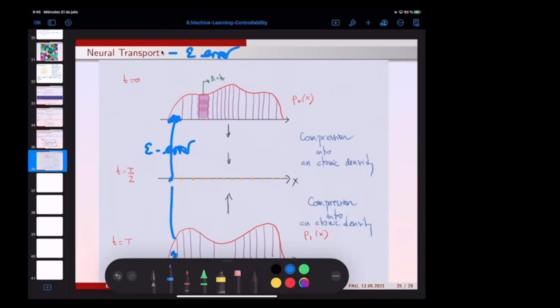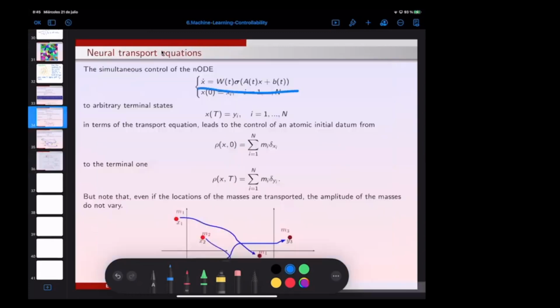Depends on the person and the conditions. So optimal transport means transporting optimally. For us, we are not talking here about optimal transport, we are talking about neural transport. Why do we talk about neural transport? Because we are doing it out of our understanding of neural differential equations.